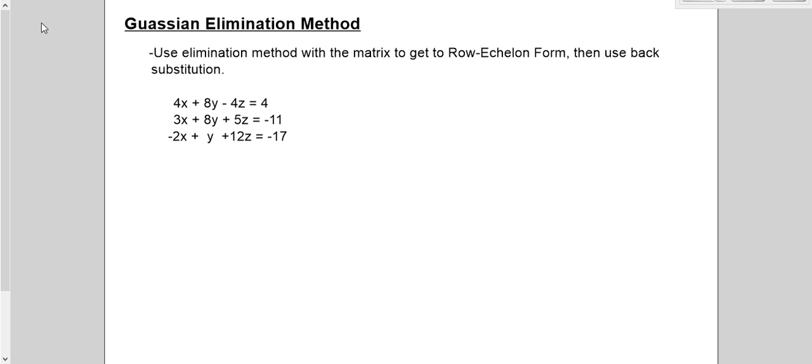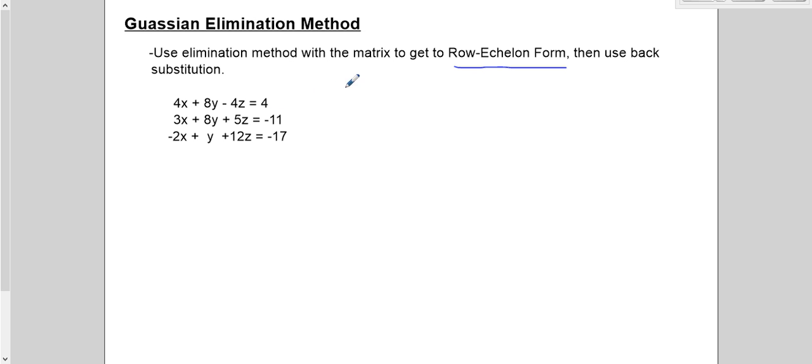All right, let's see what's next here. We're going to take this system of equations and write it into an augmented matrix, and then we are going to solve using the Gaussian elimination method. This is using the elimination method with the matrix. We're going to get this to the row echelon form and then use back substitution.